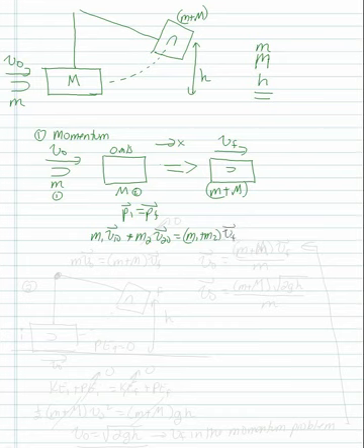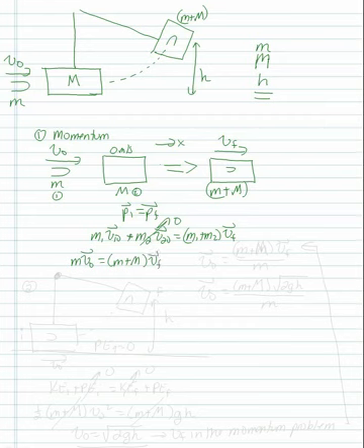The opposite of a recoil. Now for this problem, since we called 2 the block, this term is 0. So substituting in, we have m V0 equals m plus M times V final.